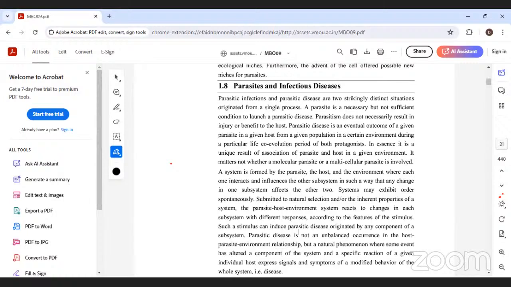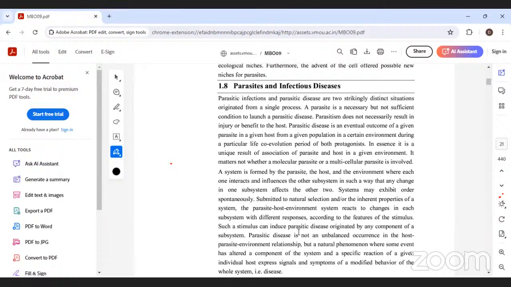Parasitism does not necessarily result in injury or benefit to the host. Parasitic disease is an uncommon outcome of a given parasite in a given host from a given population in a certain environment during a particular coevolution period.